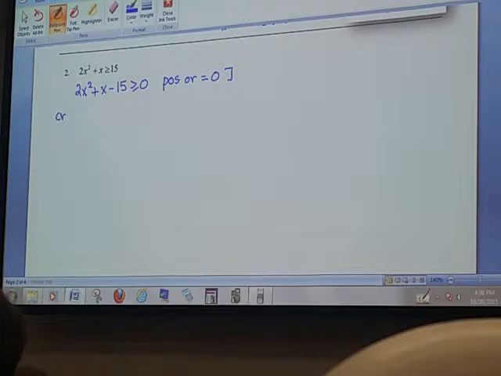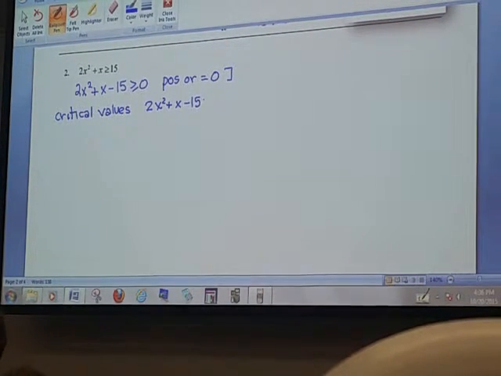So first I find the critical values. And that means I pretend this is equal to 0, and I factor it. Or use your Casio to factor it.